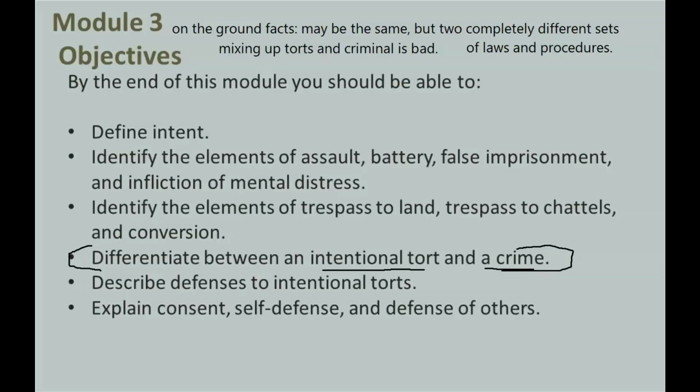Yeah, this is interesting because consent, self-defense, defense of others are defenses to crimes and torts. So that makes it difficult to remember we're not dealing with the same thing. So what is the goal of a civil lawsuit for an intentional tort?